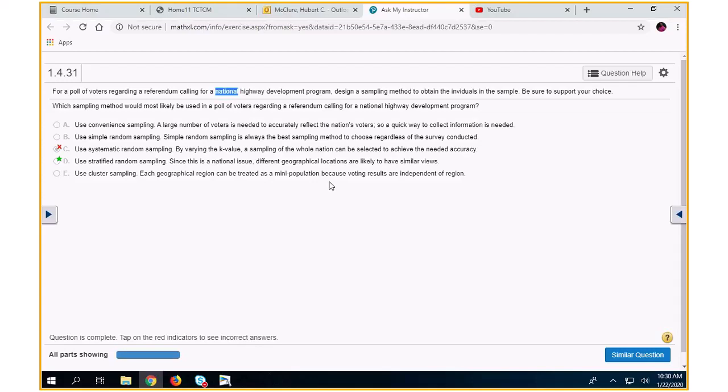Can you imagine how many Post-its? You would have to put it in a dump truck. I mean, 2 or 3 dump trucks to fill out every single person. So a systematic random sample and a simple random sample are all out because of what? The size of the United States.